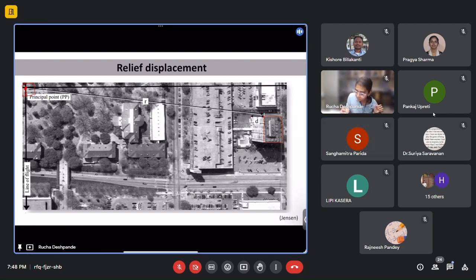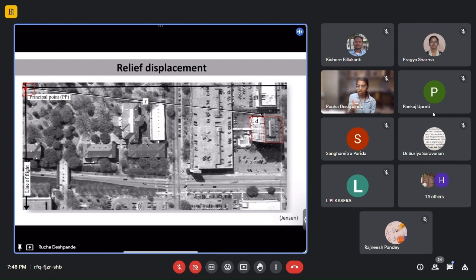This is the roof of the building, and this is the bottom of the building. So this is also visible in the picture. This distance is called relief displacement. If we have a picture with relief displacement, then there are photogrammetric techniques using which we can do calculations.